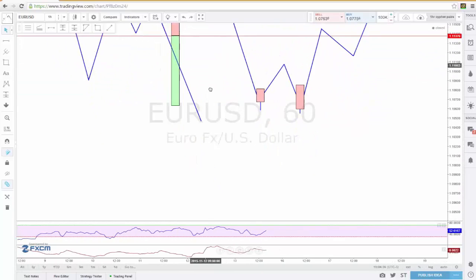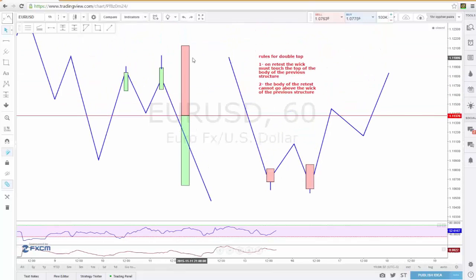Oh, and one more thing about stops and targets. You can take stops higher. You can do a 20 pip stop above the highest high of the double top, or you can do an ATR based stop. I have an ATR down here. ATR would be 22 above the highest high. You could do a Fibonacci extension or inversion for stop losses, just to give you a few ideas of how you could do this.